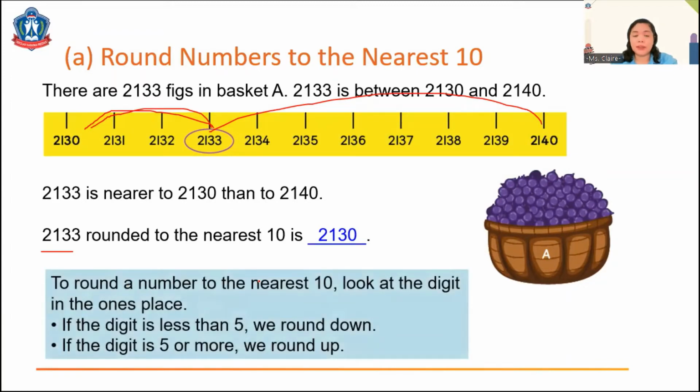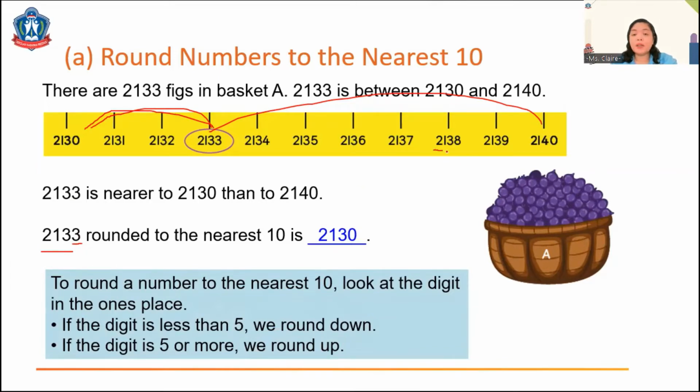And this is the rule, children. To round a number to the nearest 10, look at the digit in the ones place. The ones place is the digit 3. If the digit is less than 5, we round down. Since this is 3, we round down. But if this digit is 5 or more than 5, we round up.